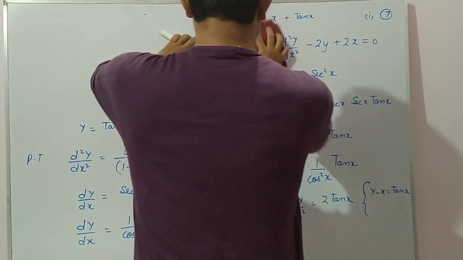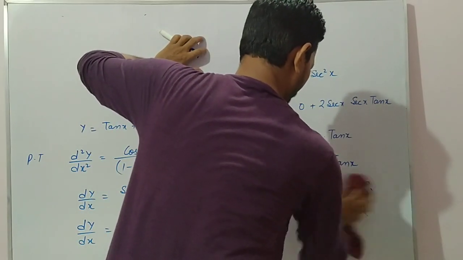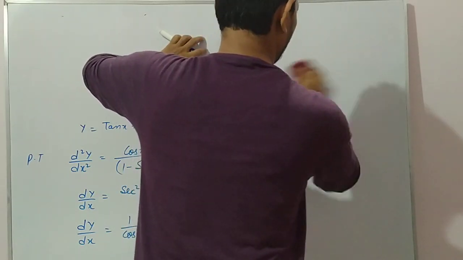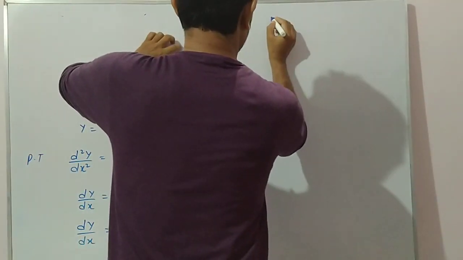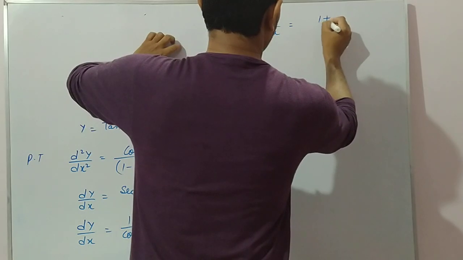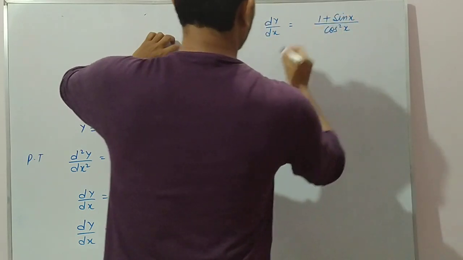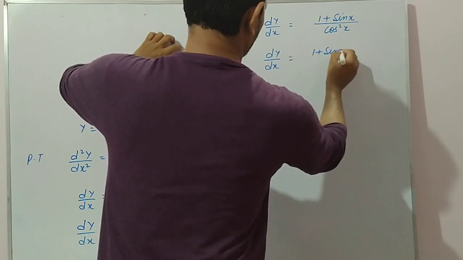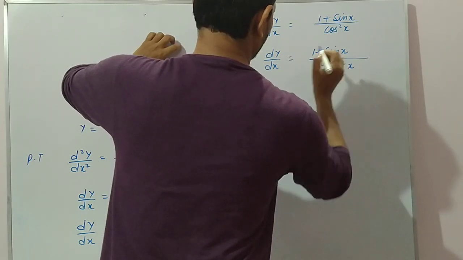Now further we can write dy by dx equal to 1 plus sin x by cos square x. Dy by dx 1 plus sin x, and here this one we can simplify right as 1 minus sin square x.